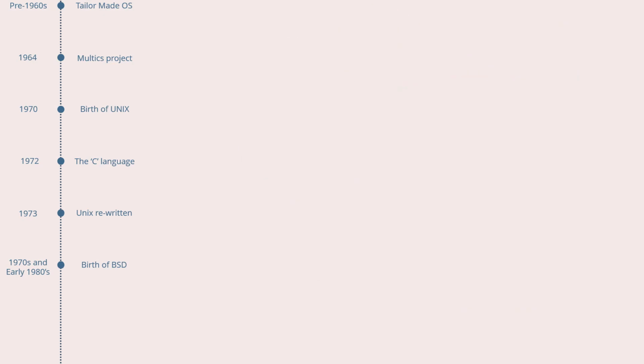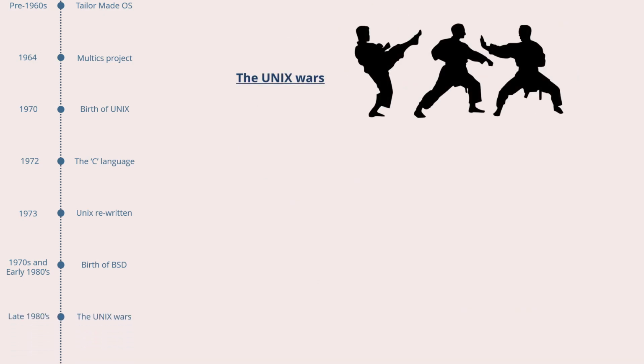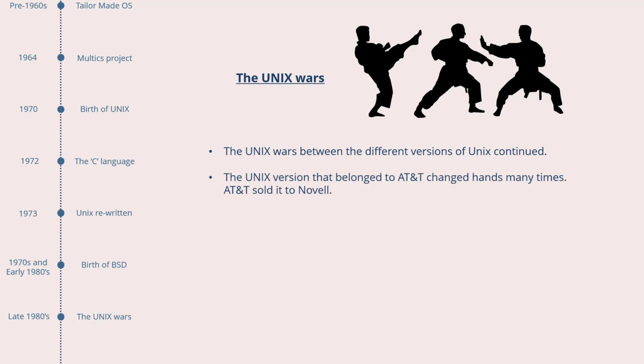Let's move further ahead. This is the late 1980s. The war between the different versions of Unix continued. The Unix version that belonged to AT&T changed hands many times. AT&T had sold it off to Novell.